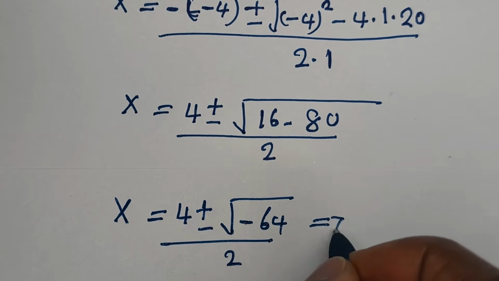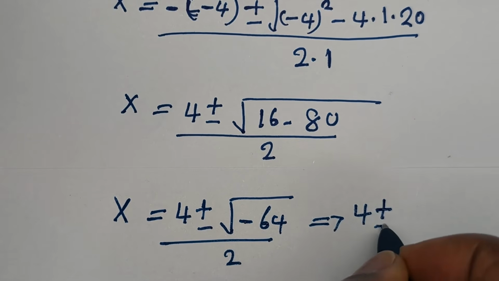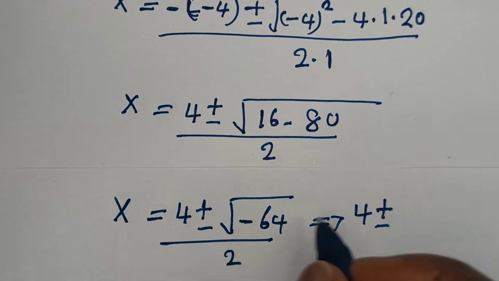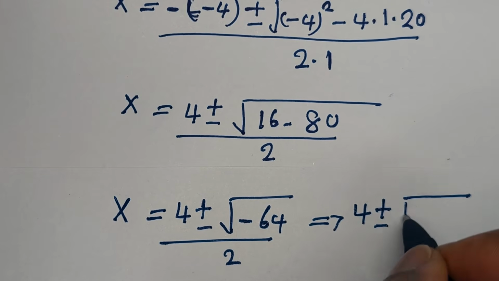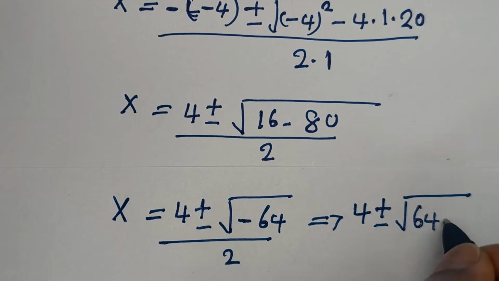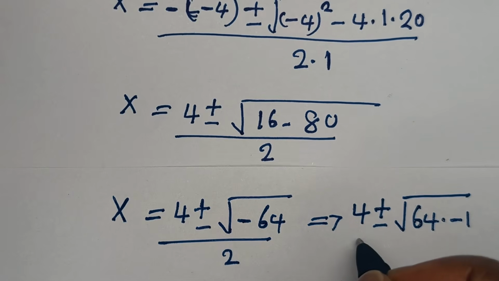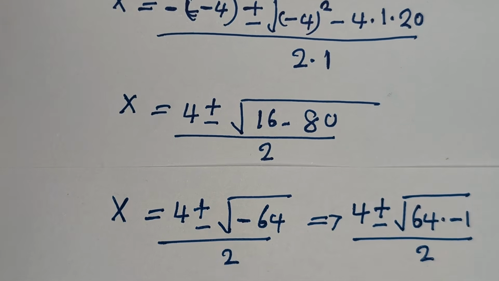And this is the same thing as 4 plus or minus square root of minus 64, which can be written as square root of 64 multiplied by minus 1, over 2.